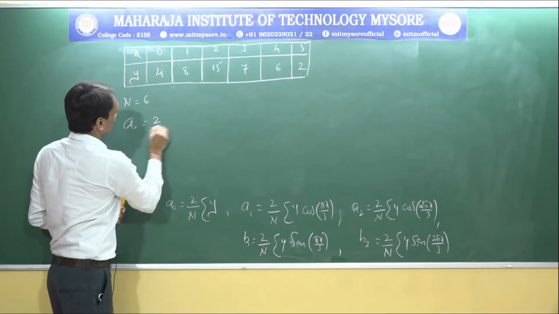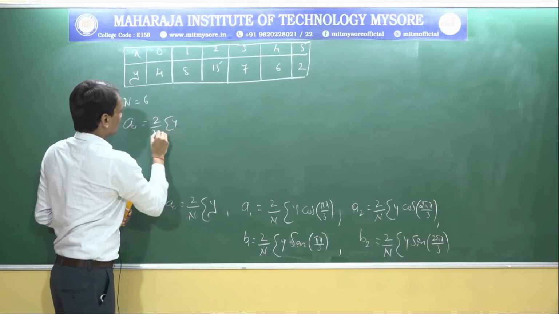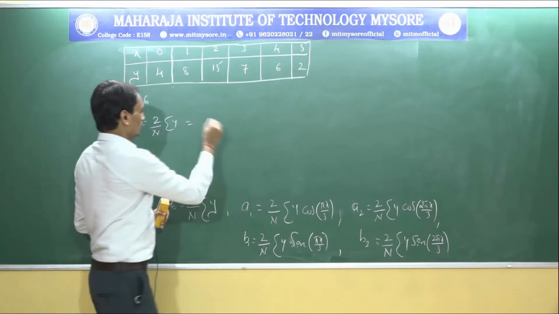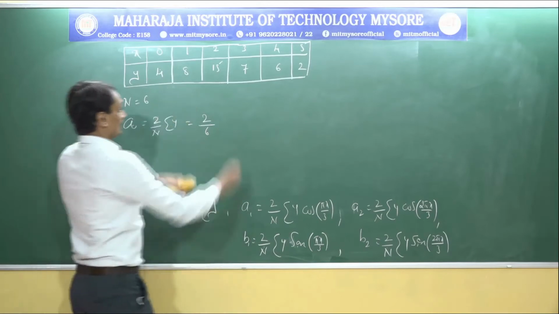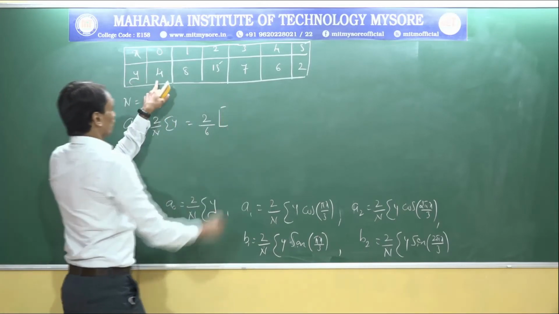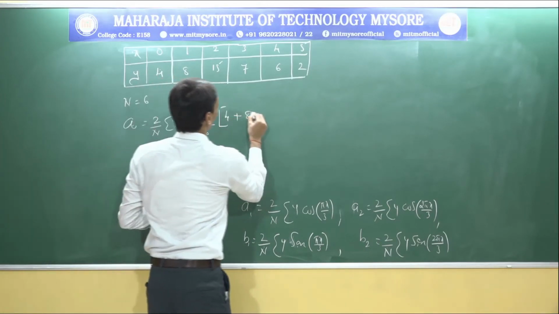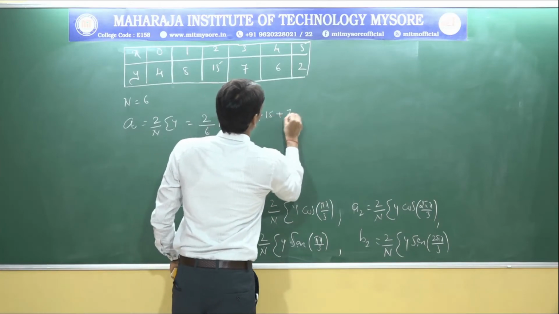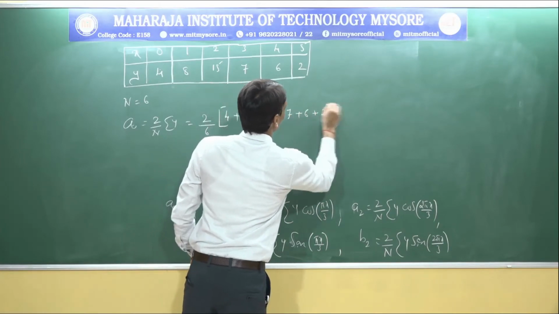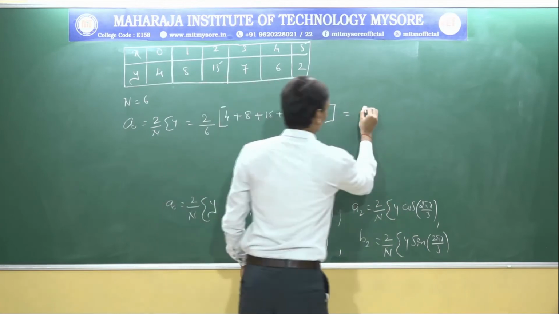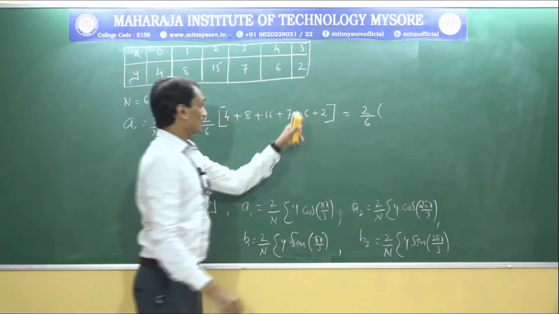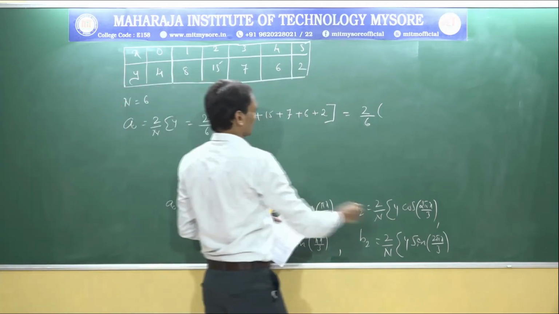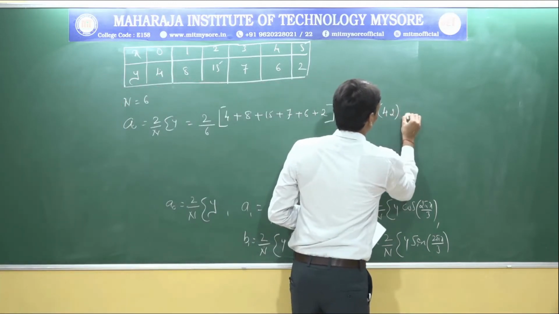a0 equal to 2 by n into summation of y, so 2 by 6 into the summation of y, that is adding all the values. I take one bracket: 4 plus 8 plus 15 plus 7 plus 6 plus 2, which is equal to 2 by 6 into the sum. Adding all the values, that becomes 42.